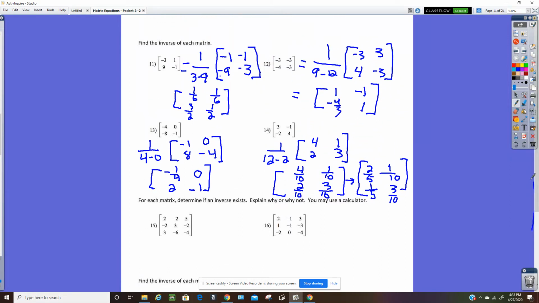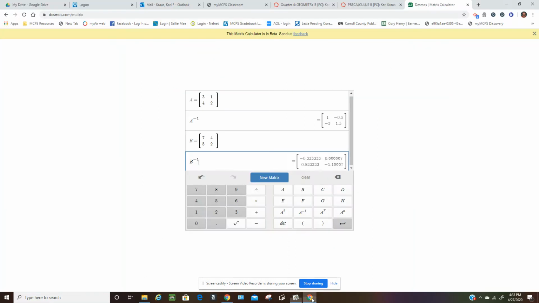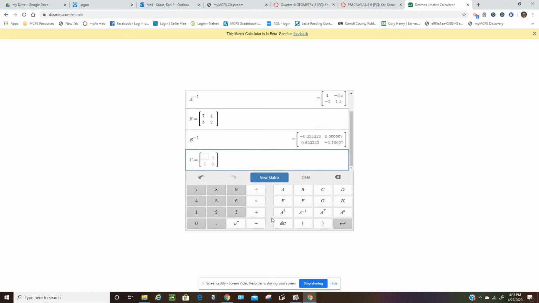All right, let's just check one of these. Let's do this one since it has the least amount of fractions in it. So I'll go into the calculator. So new matrix, 2x2, negative 3, negative 3, and negative 4, negative 3, negative 4, negative 3.